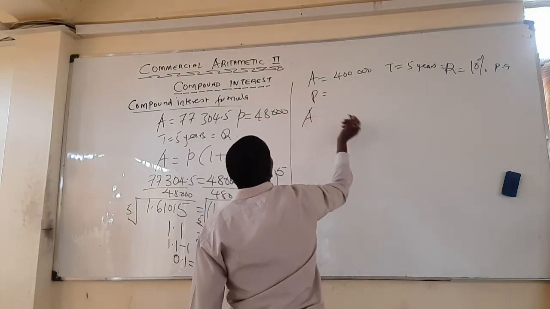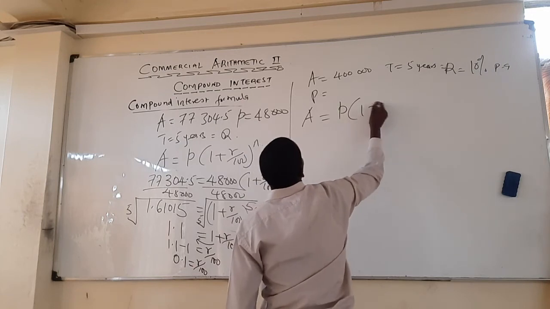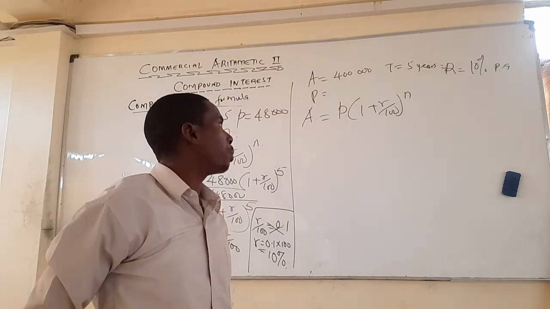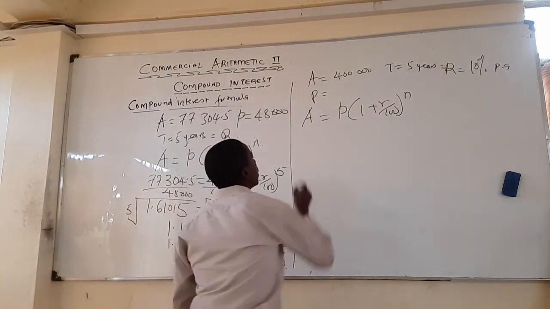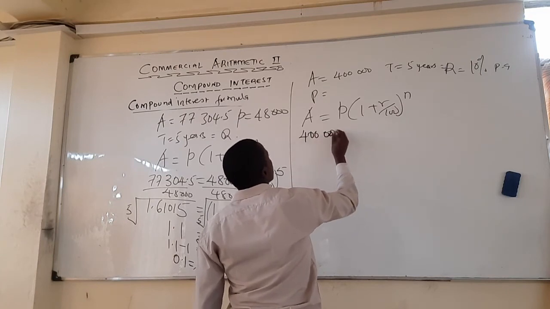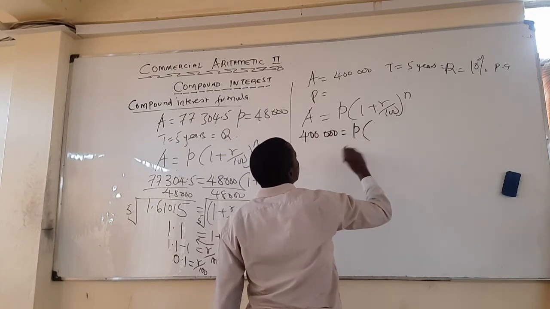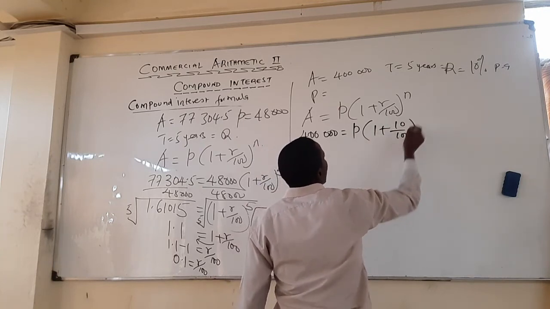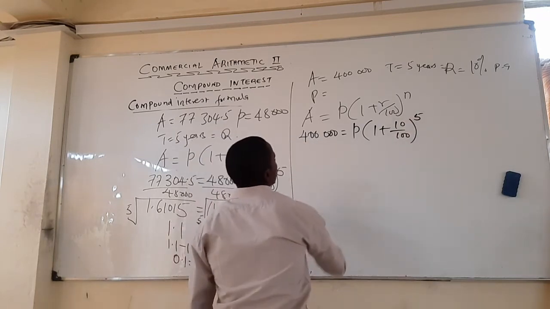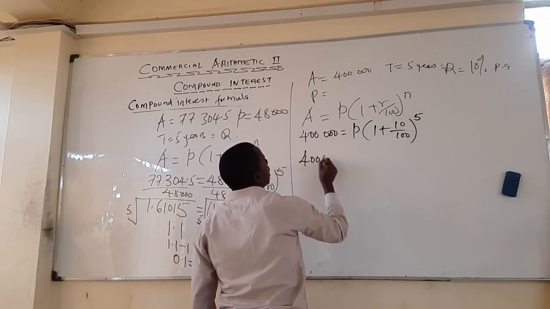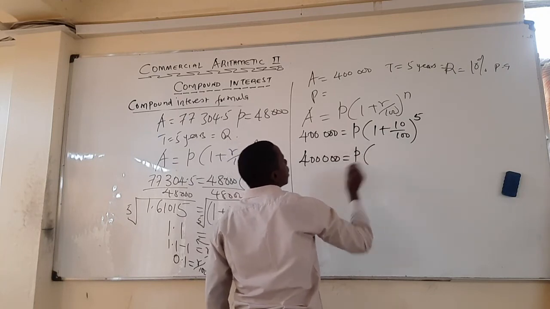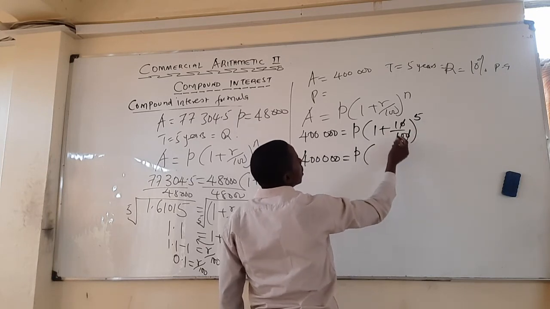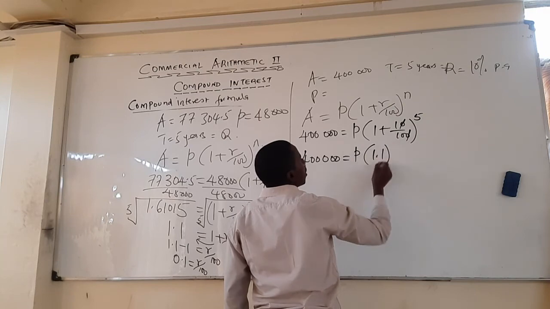So here you get the formula. Amount is given by P into bracket 1 plus R over 100 power n. So that is the compound interest formula. So amount we have 400,000 is going to be principal, we don't know, into bracket 1 plus rate 10 over 100 power n, 5 years. So here you get 400,000 equals P into bracket 1 plus 10 over 100, going to be left with 0.1, so that is 1.1 power 5.